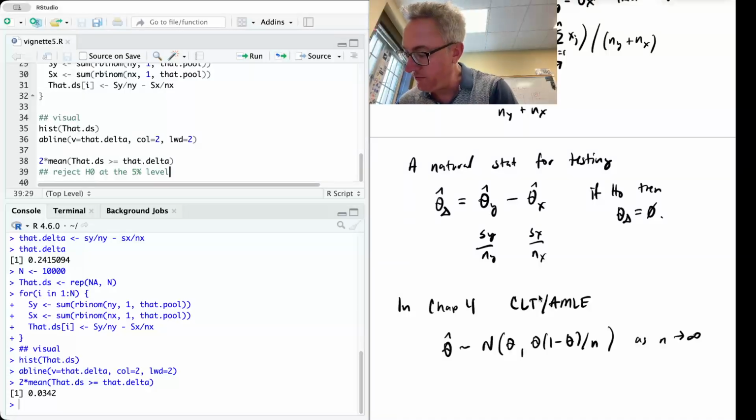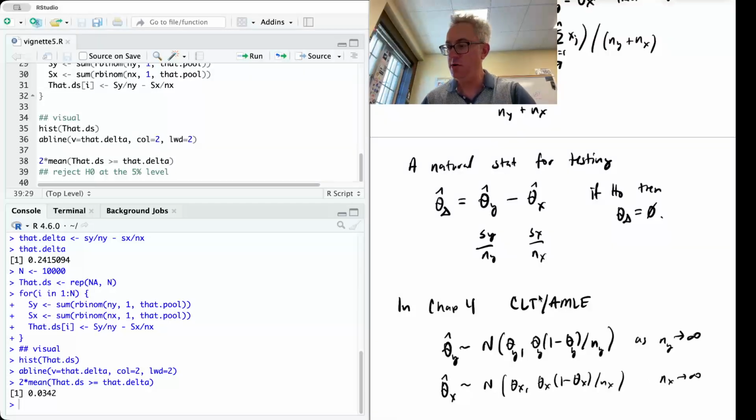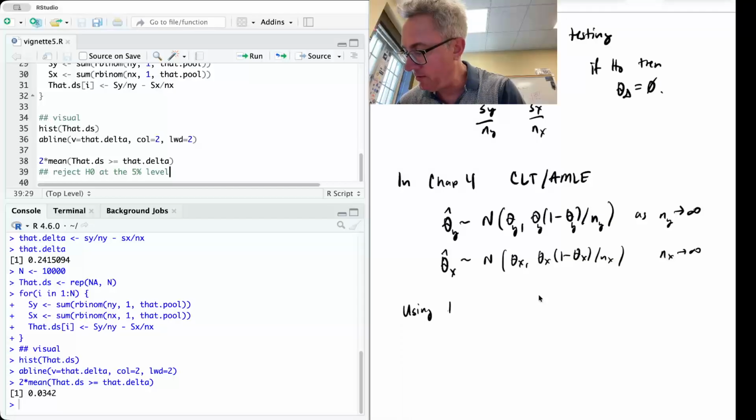So let's say we do that for theta y. So I'm just replacing these thetas for theta y and the n for ny. And then we'll also do it for theta x. Okay, so I really just got two copies of the same result. Now, a familiar trick, we've done this before, so we're using that sums of Gaussians are Gaussian.